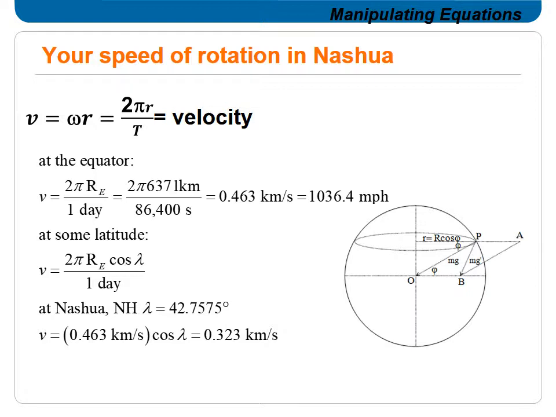Now, if you're at some latitude, say Nashua, New Hampshire, you have to multiply that value by the cosine of the latitude, because the circumference is smaller as you go towards the poles. Of course, at the North Pole, there's no circumference at all. You're just spinning on your axis if you could stand on the North Pole.